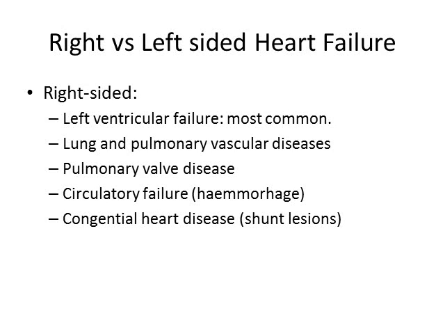So then naturally, any form of lung and pulmonary vascular disease would cause right-sided heart failure. And again, it's just because the right side of the heart is now overcompensating for what's happening at these sites. Any sort of pulmonary valve disease, circulatory failure, so a hemorrhage, and congenital heart diseases. What we've got there is shunt lesions. Shunt lesions refer to an abnormal connection that allows blood to flow directly from one side of the cardiac circulation to the other.